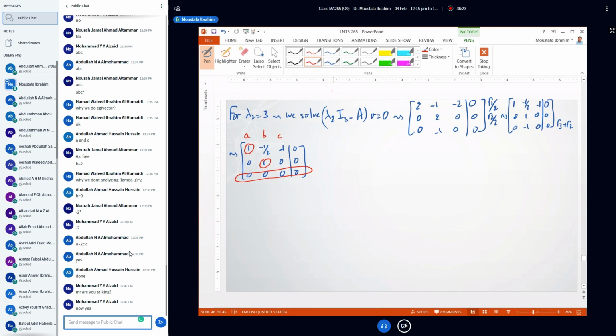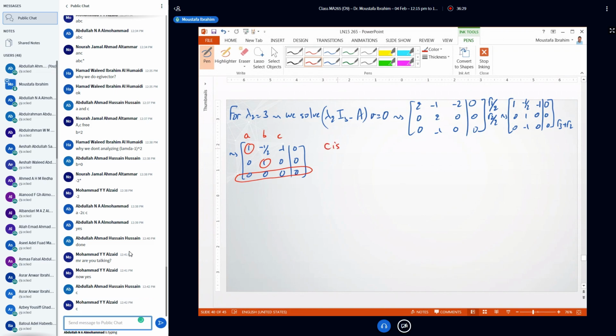In this case, guys, how many free variables do we have? Only C is free, very good. B plus 0 equals 0, so B equals 0. And since B is 0, A minus C equals 0, so A equals C.